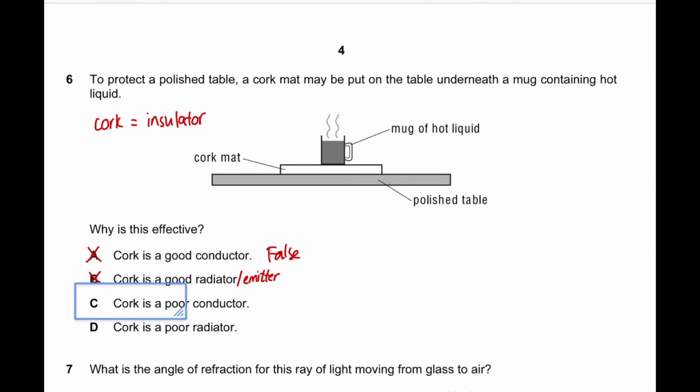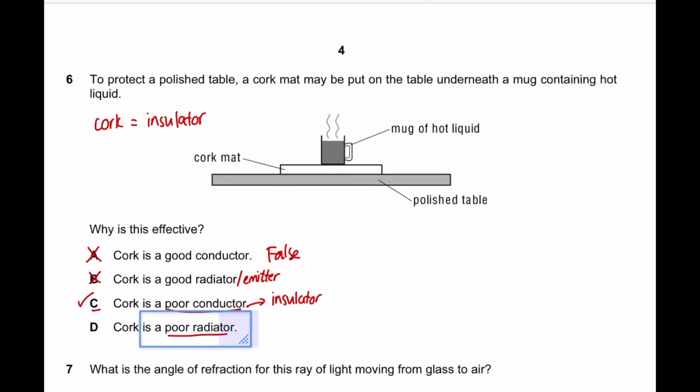Now C. Cork is a poor conductor. This can be defined also as insulator, in other words. So this option is plausible because we haven't got to option D. Now option D. Cork is a poor radiator.